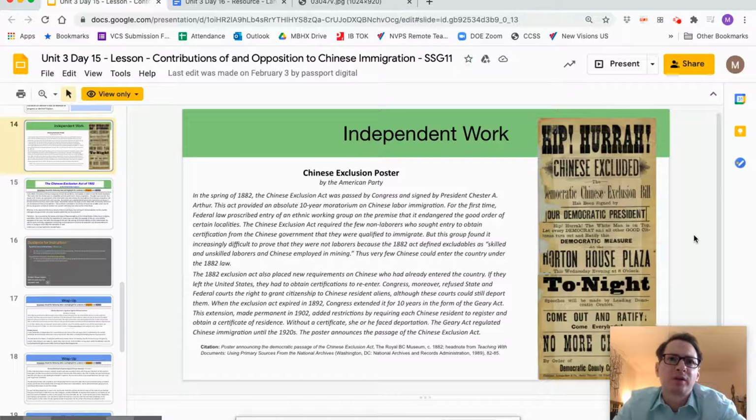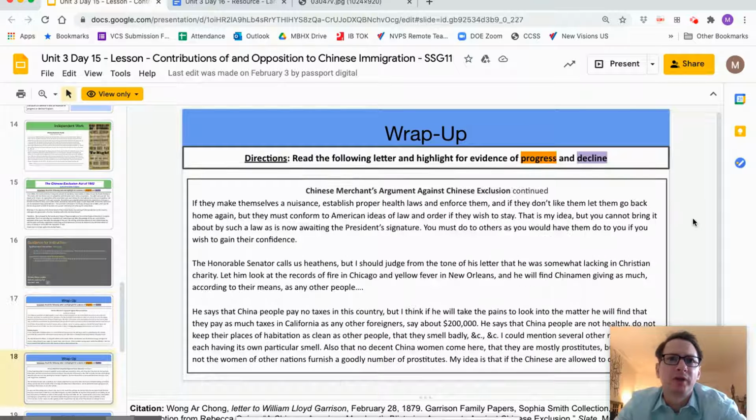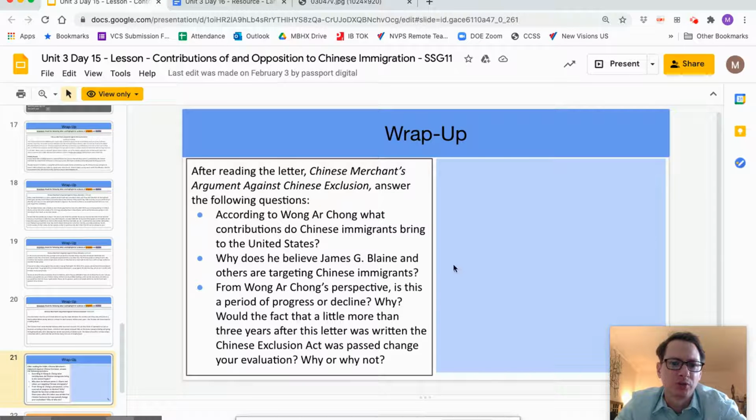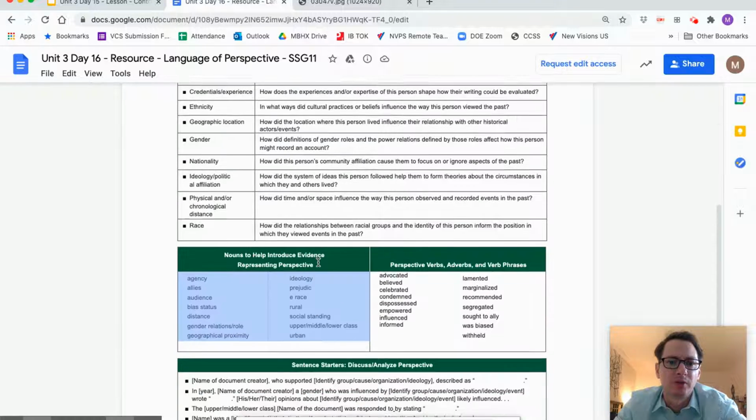A last option that can be incorporated into this lesson to reinforce the language of perspective would be for the students to do the Wang R. Chung reading as is, and when they are responding to the third wrap-up question, which we can see right here, the students can practice incorporating this language into their verbal explanation of their response to this prompt by using the word banks and sentence starters that we see here in the language of perspective tool.